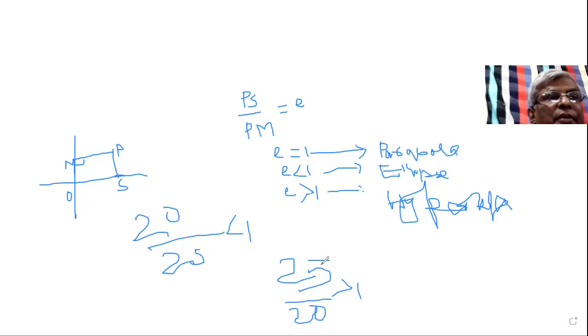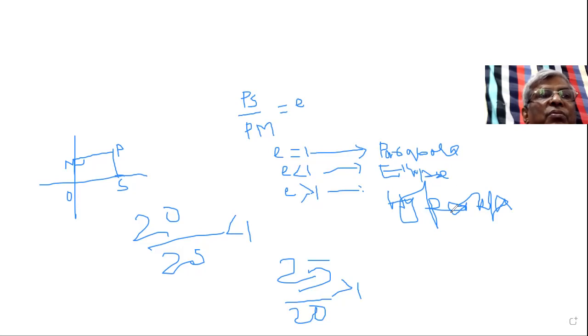If you divide 25 by 20, its value is greater than 1. So this gives you a hyperbola. So if you have to draw a hyperbola, an ellipse or a parabola, the distance you take from the fixed point should be chosen accordingly.